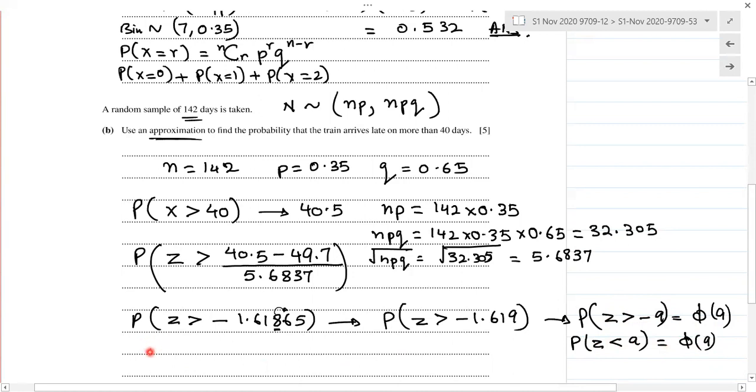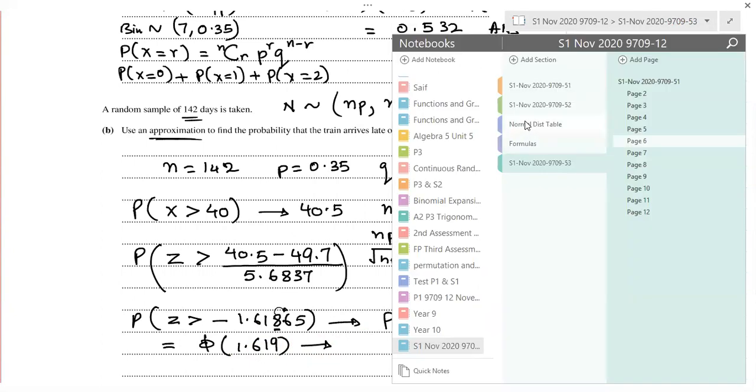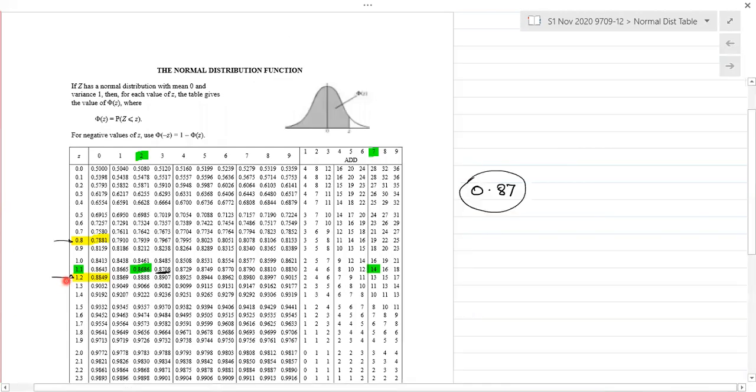So now we are just looking up the value of phi of 1.619 in the table. Let's quickly do that. 1.61, and then we have 9. So 9 is the last one, and we add 9 to this.